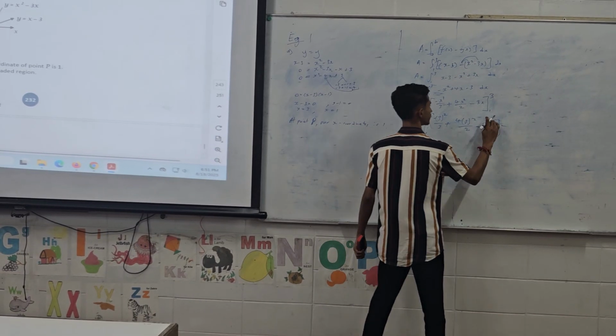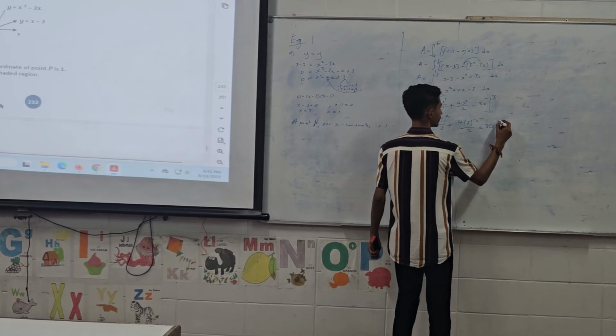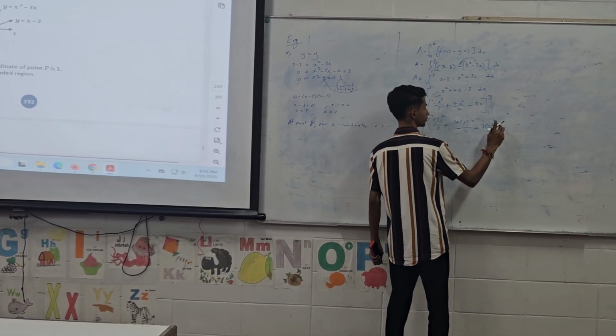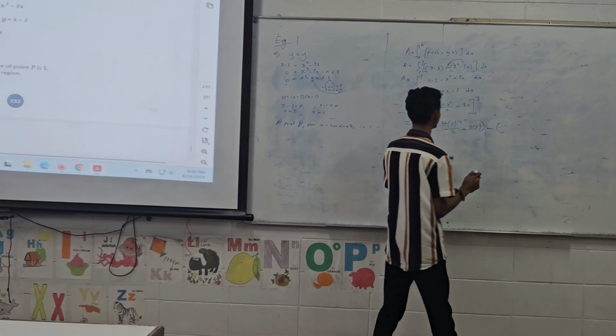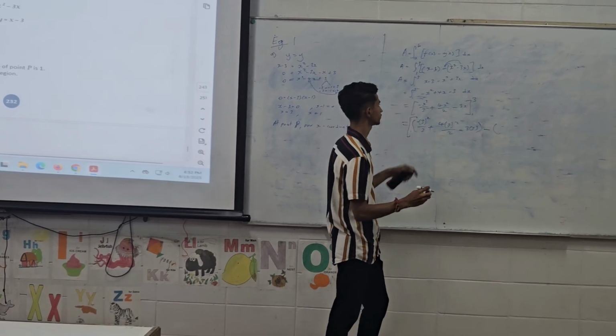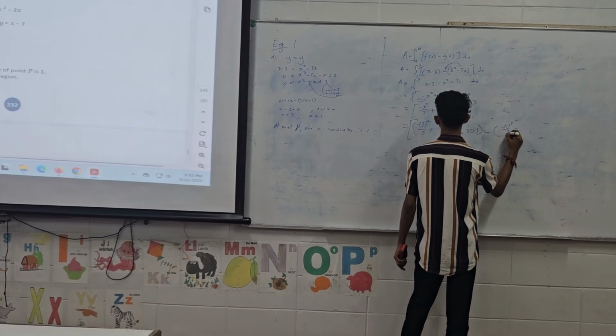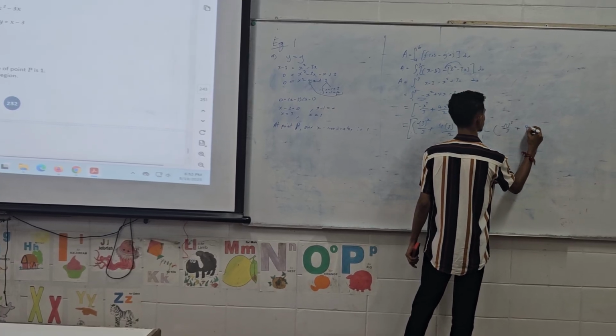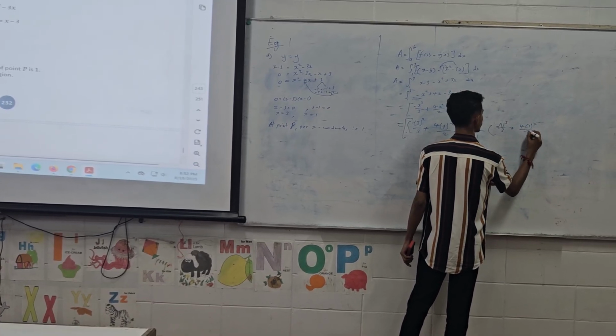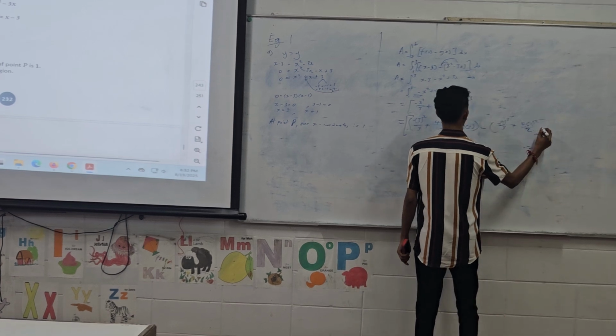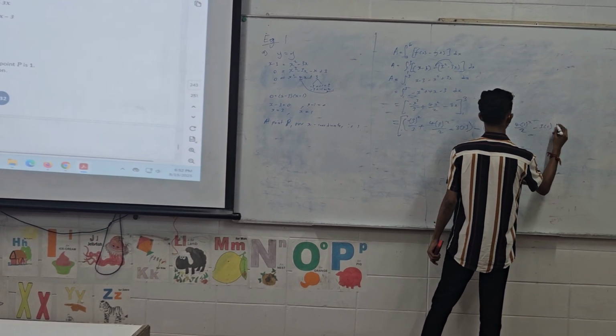We can put this in brackets, and then we substitute 1 into the function: minus 1 cubed divided by 3 plus 4 into 1 squared divided by 2 minus 3 into 1.